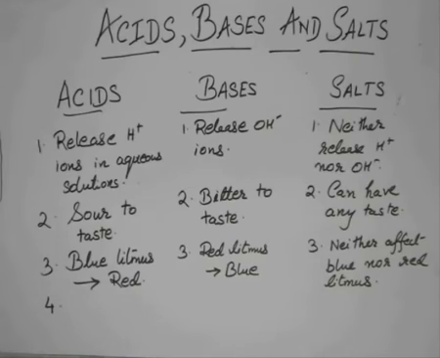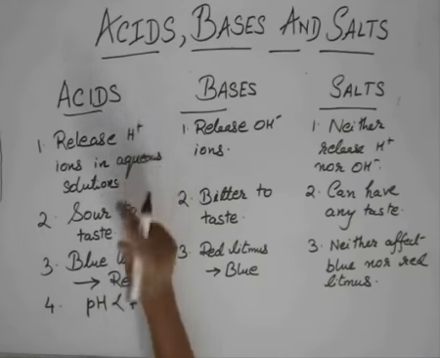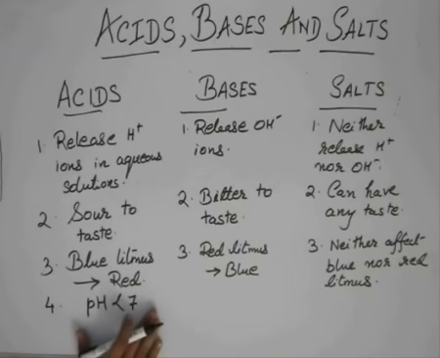Then acids will have a pH less than 7. Now pH is a scale on which the concentration of the number of hydrogen ions is measured, and acids will have that pH less than 7.